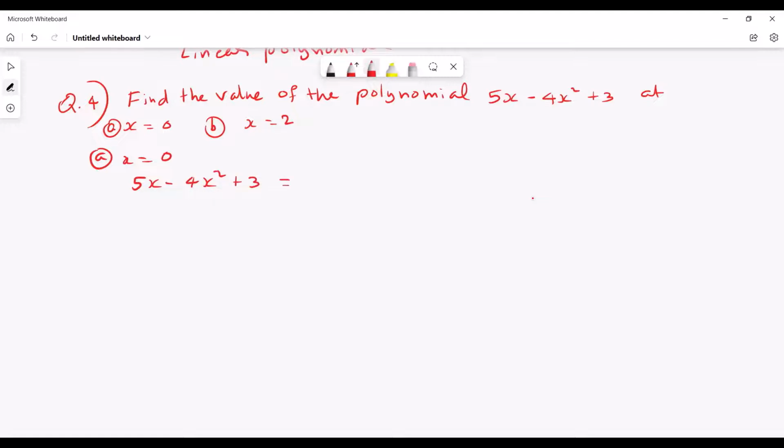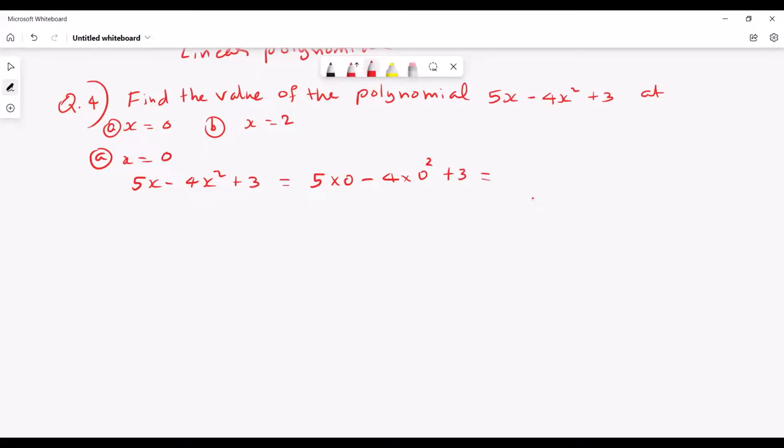If x equal to 0, instead of x, we have to insert the value 0 here. So 5x means 5 into 0, minus 4 into x square means 0 square, plus 3. It will come like this.